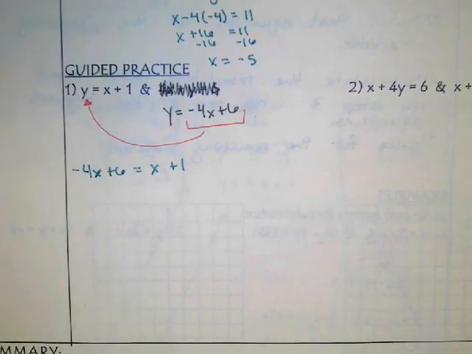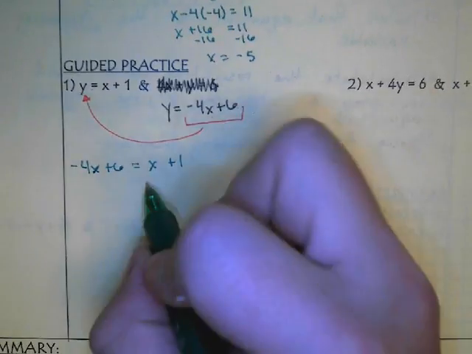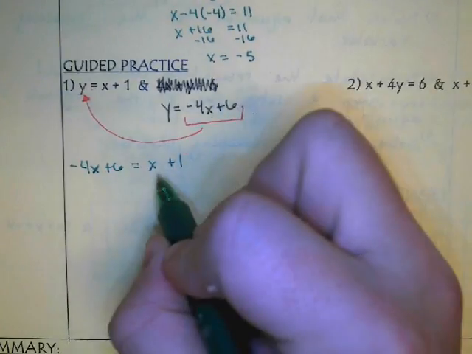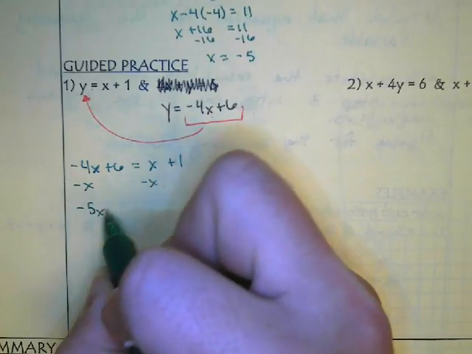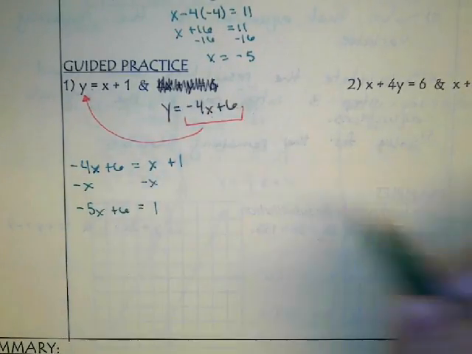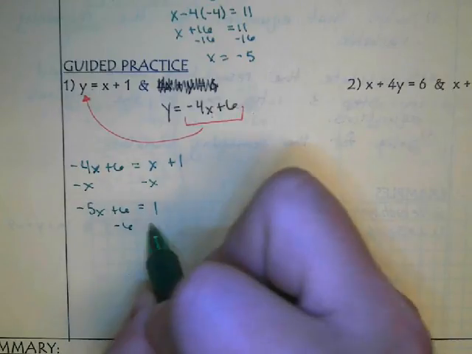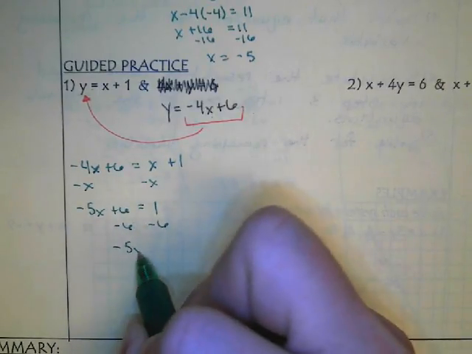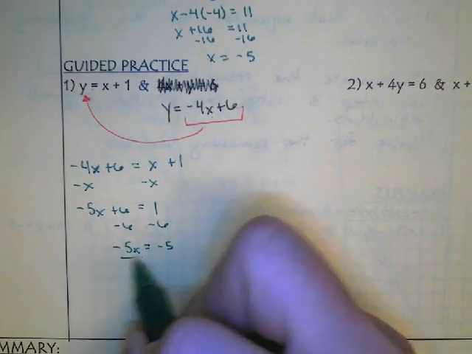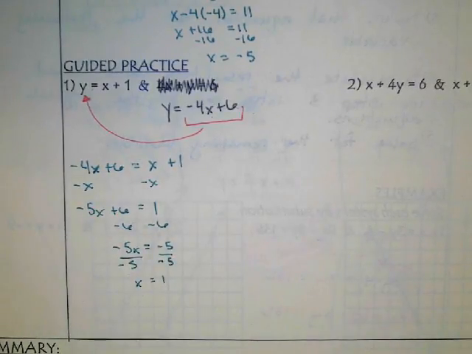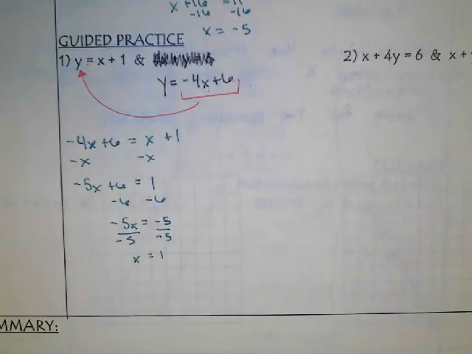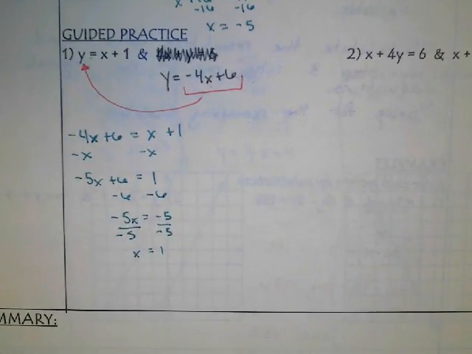And now we solve for this. Same process, we're solving for x, so I'm going to subtract x from both sides, and I get negative 5x plus 6 equals 1. Then I'll subtract 6 from both sides, and I'll get negative 5x equals negative 5. Divide by negative 5, and x equals 1. Once we find what x equals, we can plug it into either equation.